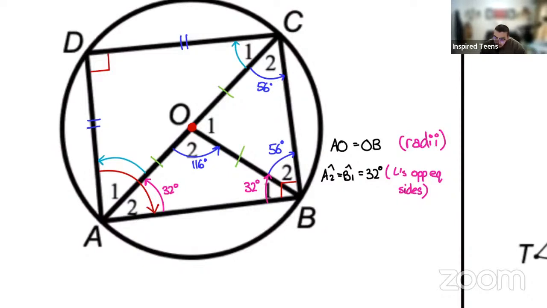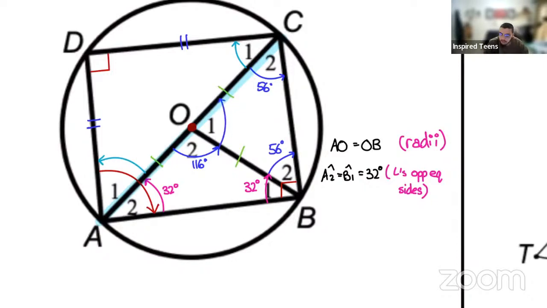Then we can get O1 by saying that 180 minus 116 is angles on a straight line. So there's two ways in which we can get O1. We can either do sum of angles in this triangle, or alternatively, we can do it on a straight line, right? Angles on a straight line, like that. Okay, so yes, we can say 180 minus that to give us this.